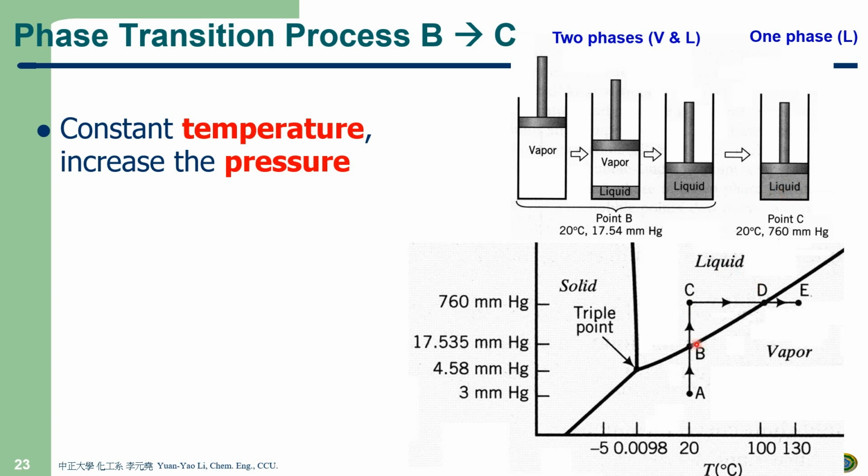Okay, so this is point C. The pressure always increases, from 17.5, 20, 100, 200, until 700, 760, right? Up to here. So this is from B to C.